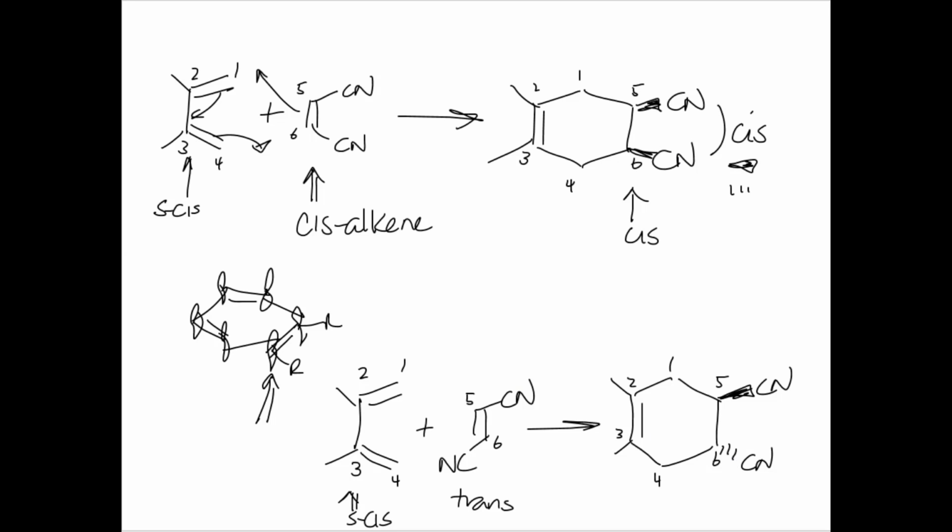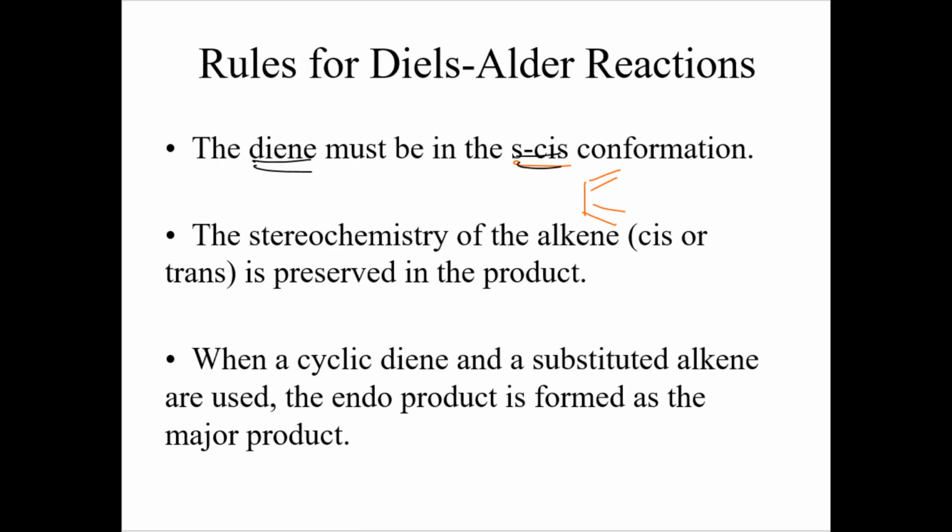So what we need to now deal with is the third rule, which says that when a cyclic diene and a substituted alkene are reacted, and it has to be a cis substituted alkene, the endo product is the major product that's formed in this reaction.